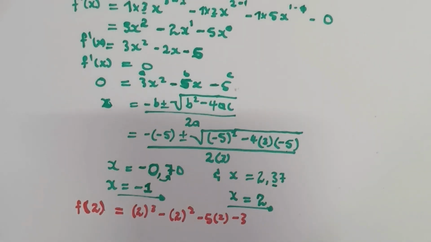So now it is 2 cubed, okay. Now we get a -9 for our y value for the turning point. So it's -9. So the n coordinates are 2 and -9.